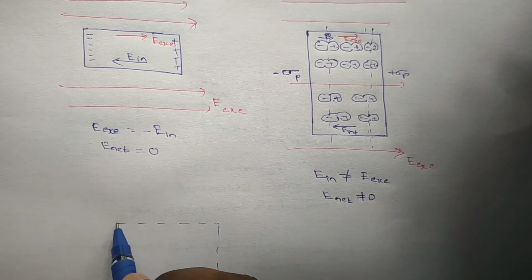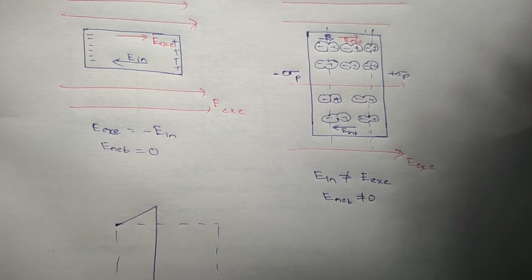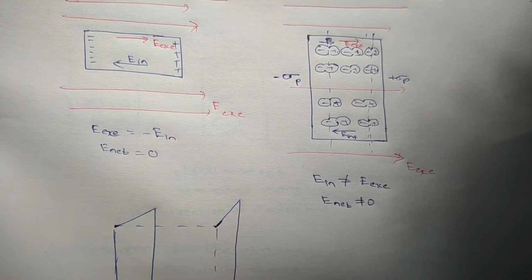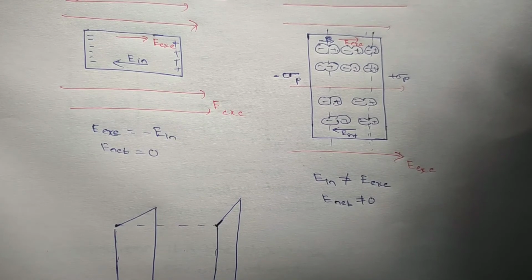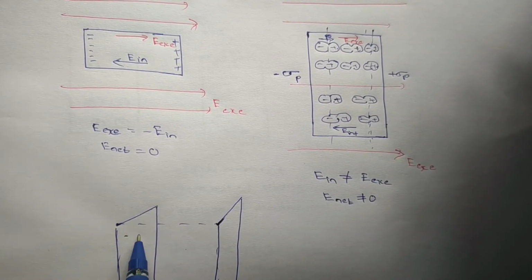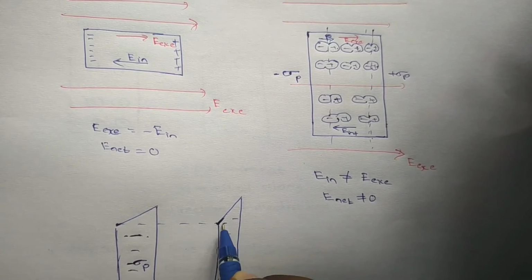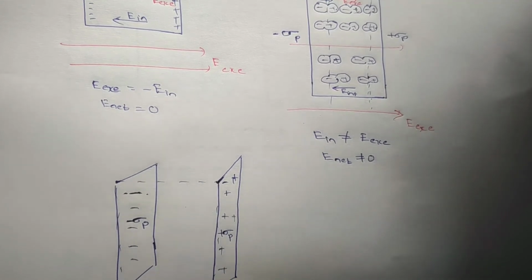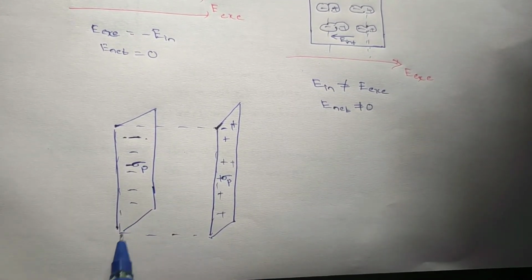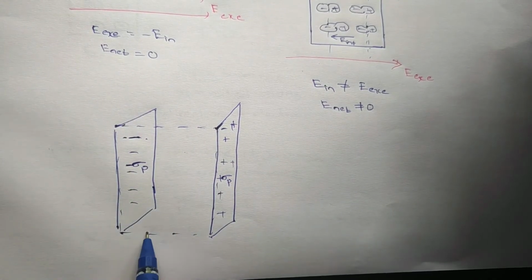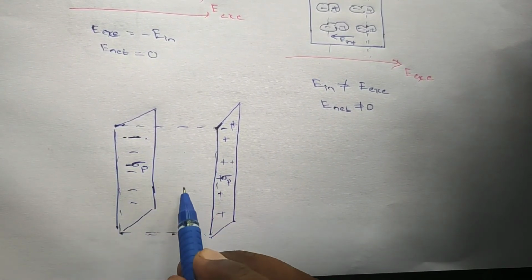Here all will be the negative charges, minus sigma p, and here all will be positive, plus sigma p. In the regions in between, the net charge is 0.